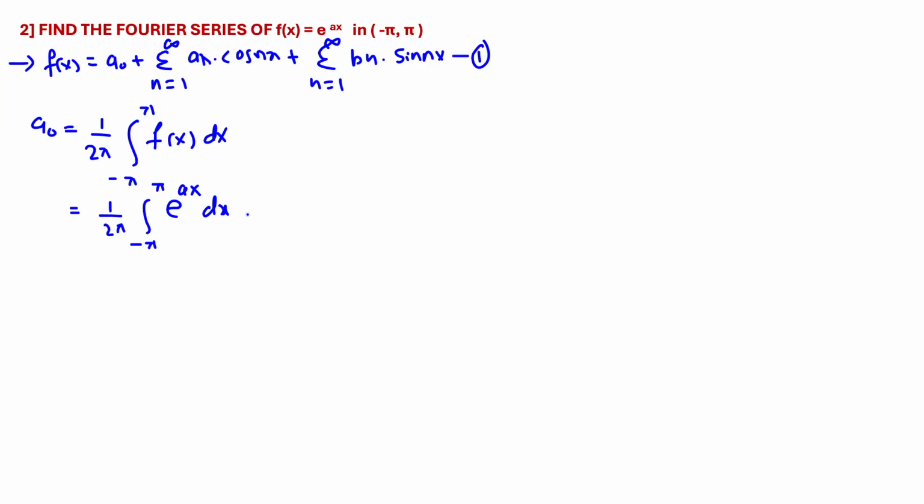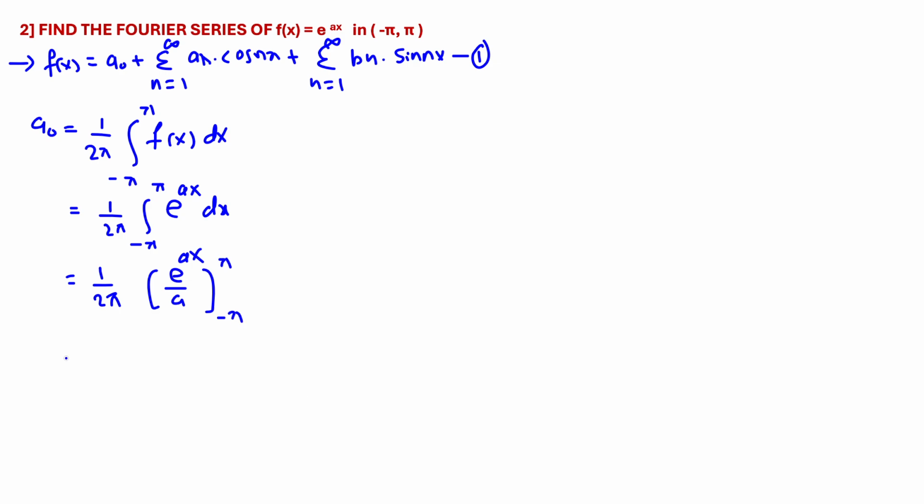This we just divide by the coefficient of x here. So you can see here I can directly write 1 over 2 pi, e raised to ax over a, and limits we have minus pi to pi.